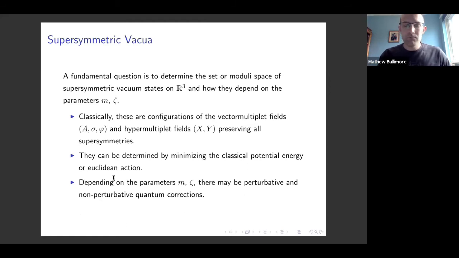They're not going to play a role in my talk today. One can show that they're not there for all of the configurations that I'm going to look at, but they will be there in general. And I'll talk a bit more about that next time. Whether you get them or not depends on the values of the mass and Fi parameters. But for today, I'm just going to think about them as classical vacua.